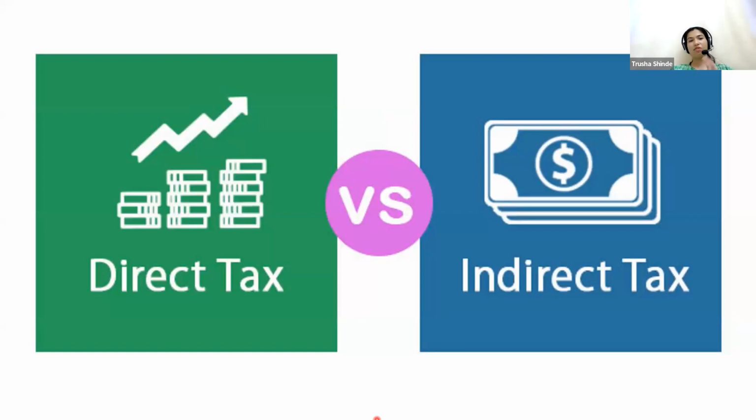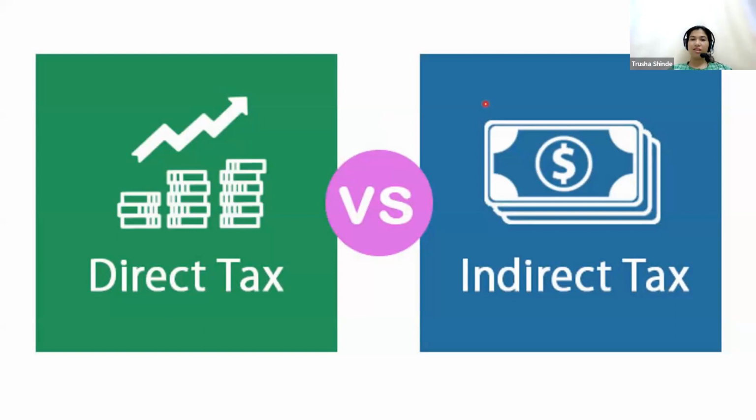Since I have given you the brief introduction of direct tax and indirect tax. Direct tax is directly levied on a person's income, and indirect tax is indirectly levied, like on sales if you purchase any goods or services. Very good, Ishika. That's correct.